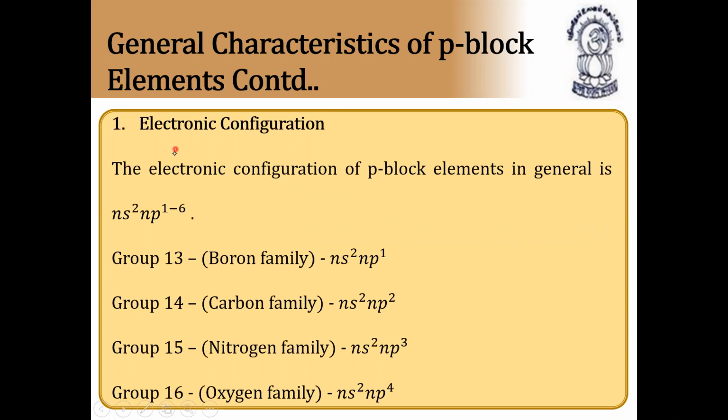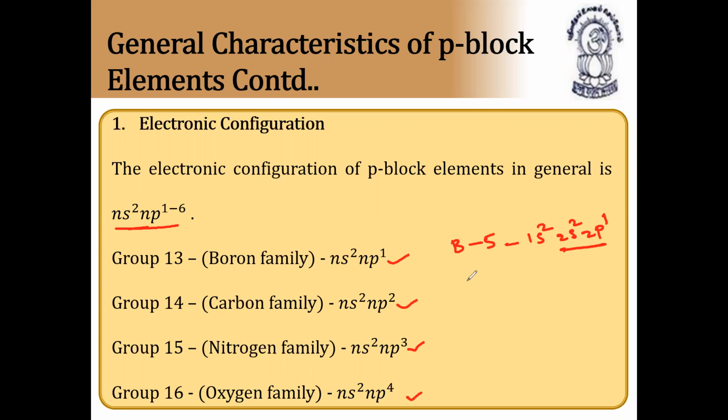Next, coming to the electronic configuration of p block elements. The general outermost electronic configuration of p block elements is ns2 np1-6. ns2 is common for all groups. For group 13 it is np1, for group 14 it is np2, for group 15 it is np3, for group 16 it is np4. Boron, atomic number 5, is 1s2 2s2 2p1, that is ns2 np1.